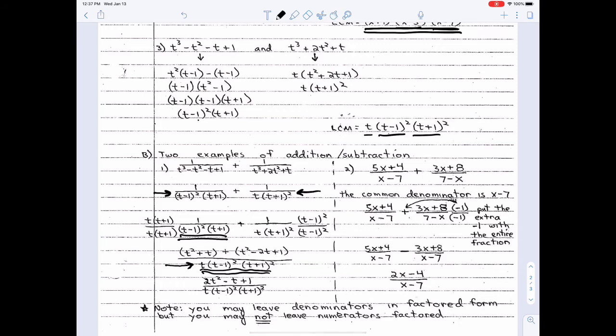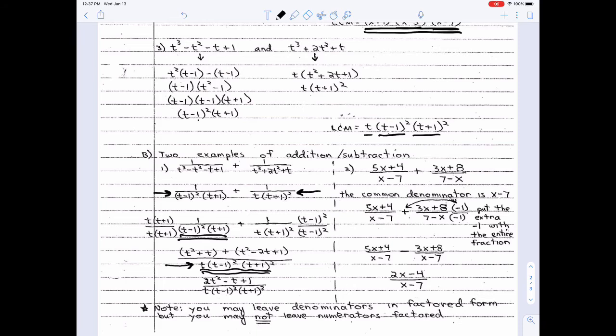Well, there is a t minus 1 squared, there is a t plus 1, but what we're missing is a t and then another t plus 1, because the common denominator has a t plus 1 quantity squared, but we've only got one t plus 1. So we have to supply those to the first fraction. We multiply top and bottom by whatever's missing from the fraction. So we have t times the quantity t plus 1, and then t times the quantity t plus 1.